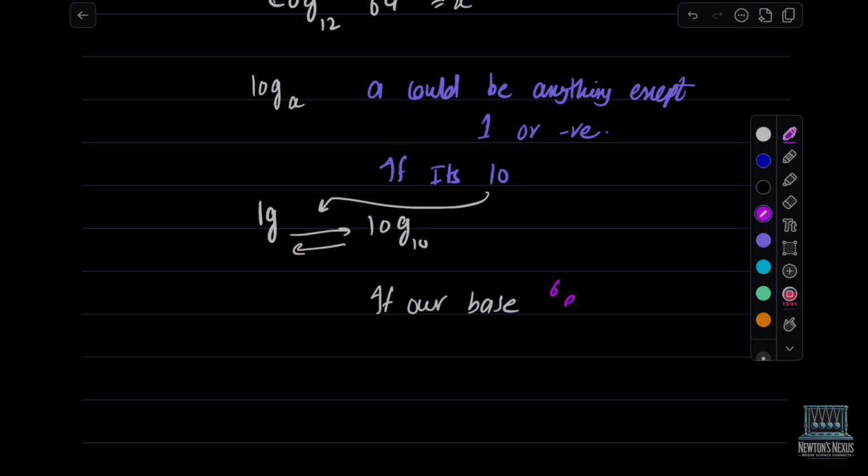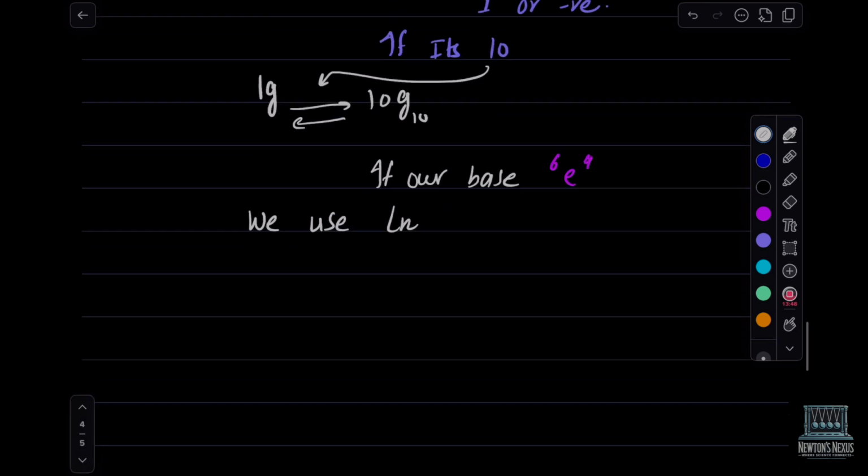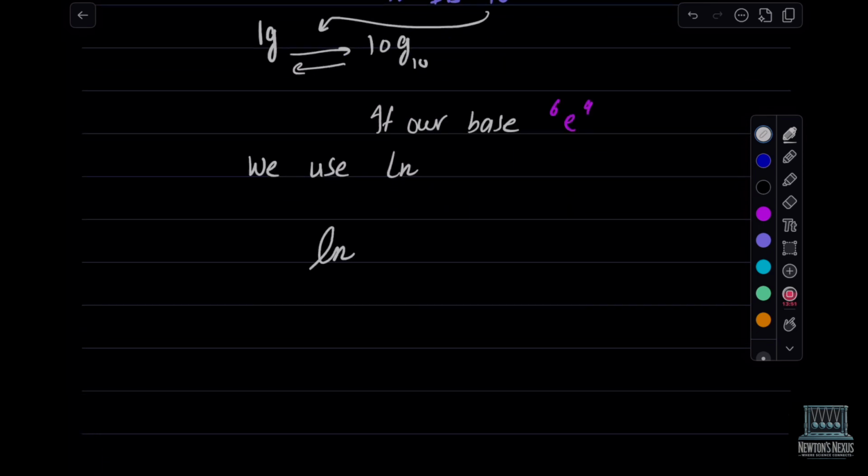And similarly, if our base is the exponential constant E, we use ln. So ln is nothing new. It's nothing out of the blue. It's just log with the base of E. I want you to get familiar with ln and LG, because in Additional Maths papers I have never seen them writing log with the base of 10 or log with the base of E. I have just seen them using ln or LG.